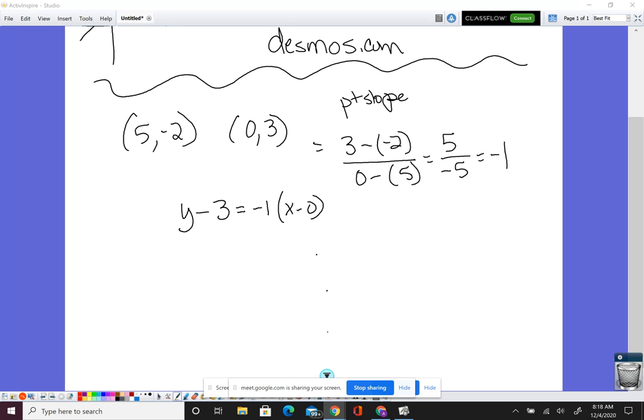But one is where they give you a graph and they want you to compare it to another equation.